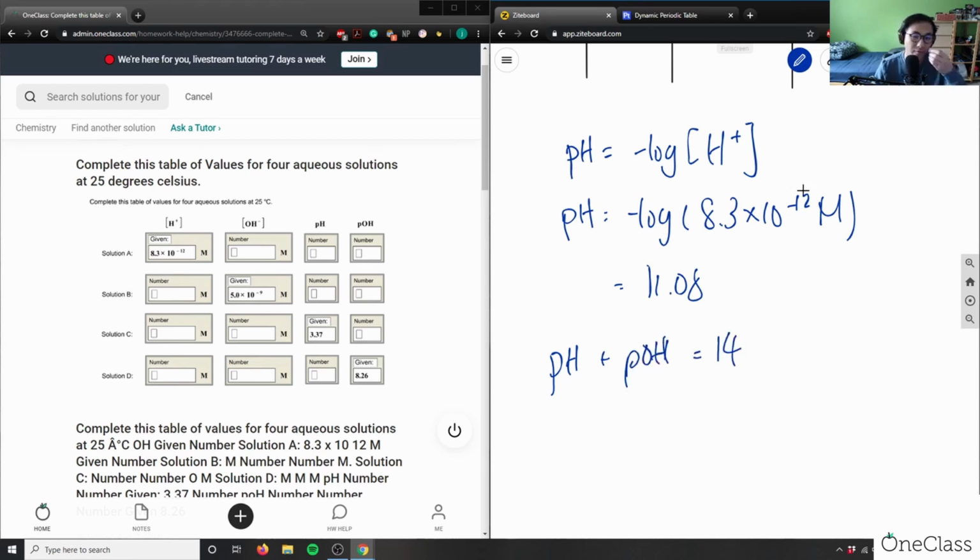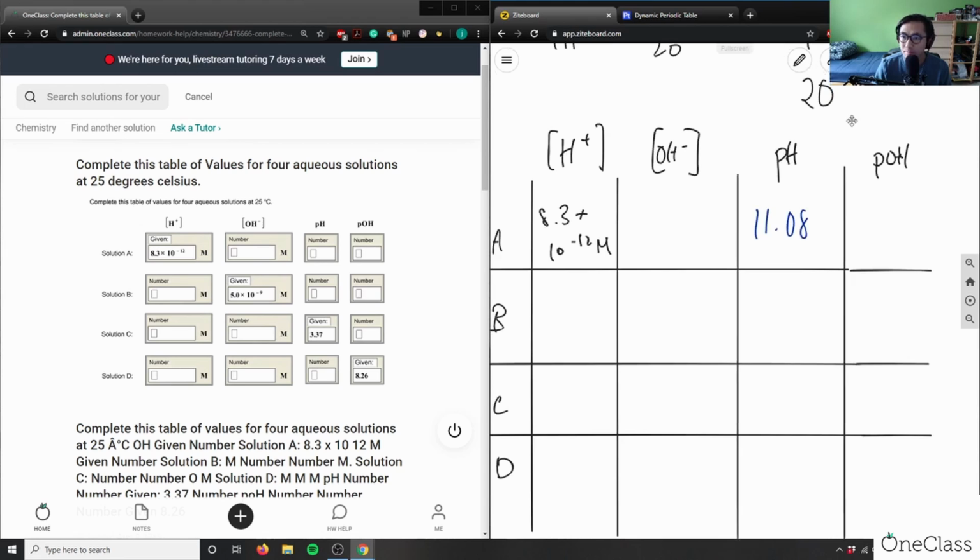So in this case, if my pH is 11.08, my pOH is simply 14 minus 11.08. So pOH would equal 2.92. That's good.